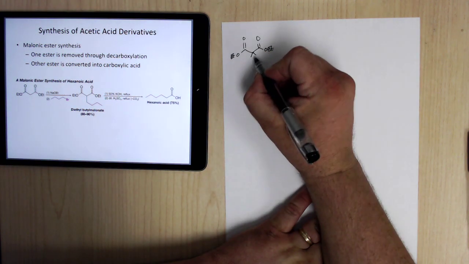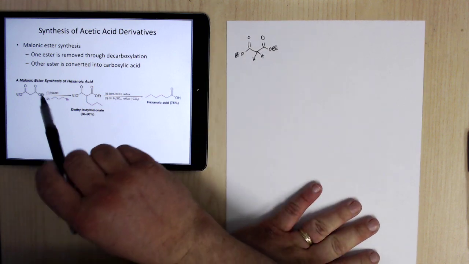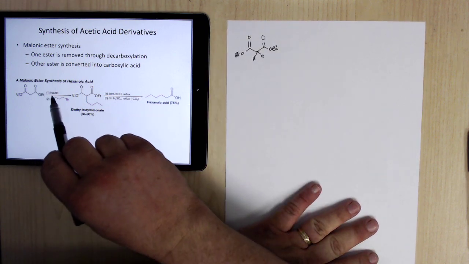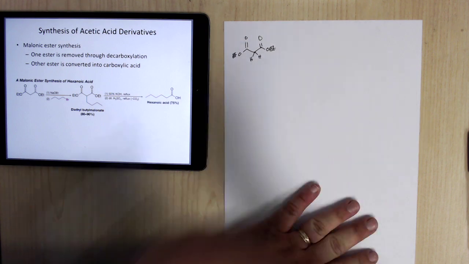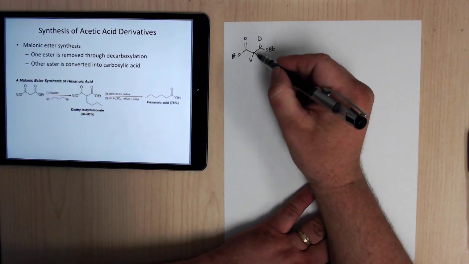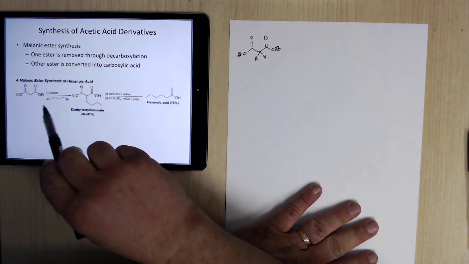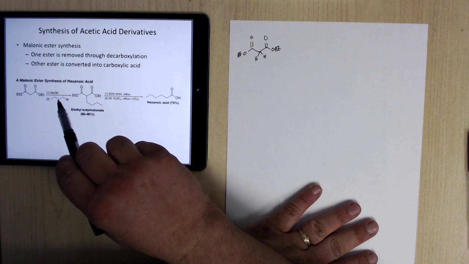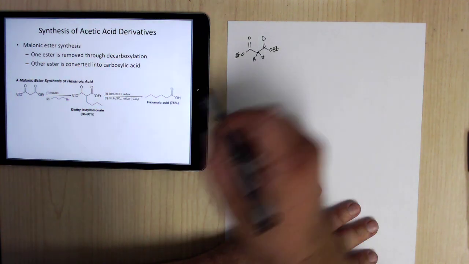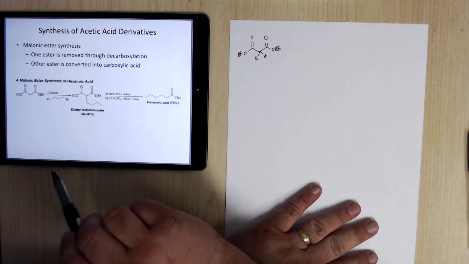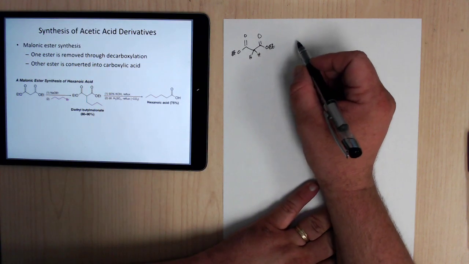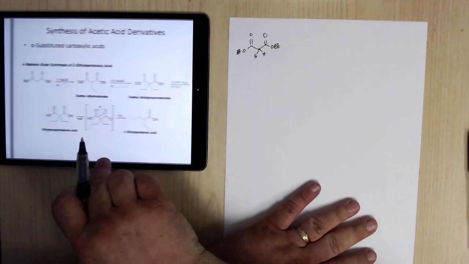You're going to have an acidic hydrogen here. You dump in base, it's going to rip it away, put the lone pair up there, which then you dump in your bromide, SN2, and you're going to make a new carbon-carbon bond.